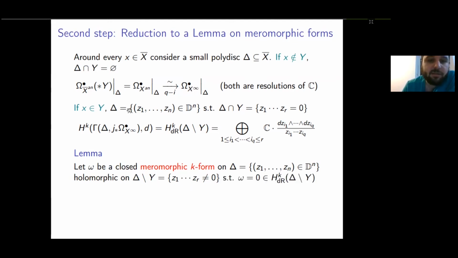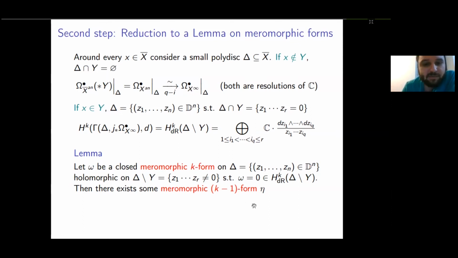And furthermore, assume that this omega goes to 0 under this map. This means that it is 0 in the usual de Rham cohomology. Then we have to show that it is 0 in the previous cohomology. So in the cohomology induced by the complex of meromorphic forms.